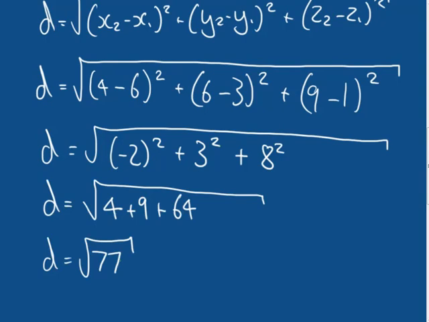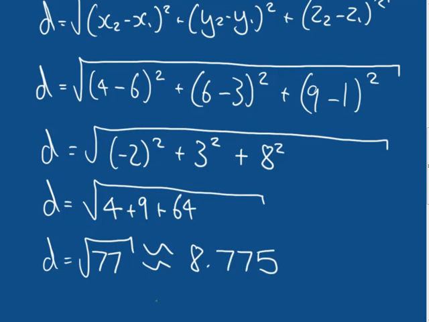Now that's not a round number. I'm going to personally leave it as root 77, but in case some of you used a calculator to work this out rather than working on paper, that is approximately equal to 8.775. So if you got either of these answers, either root 77 left in this form, or an answer that's approximately 8.775, then you did indeed get the correct answer.